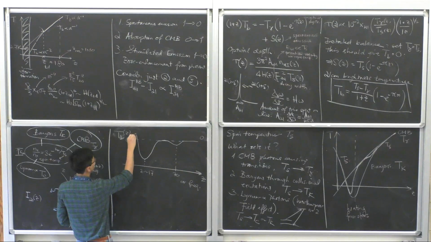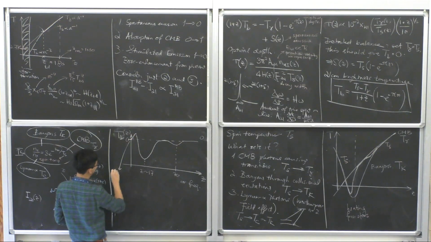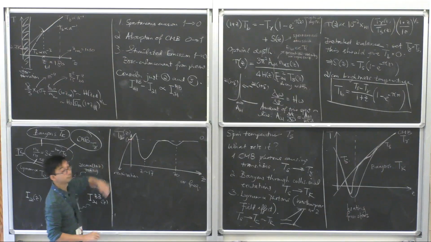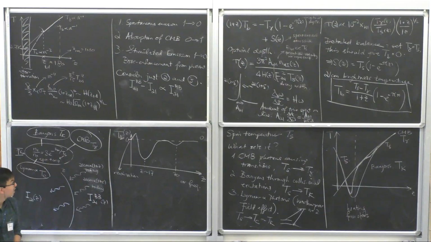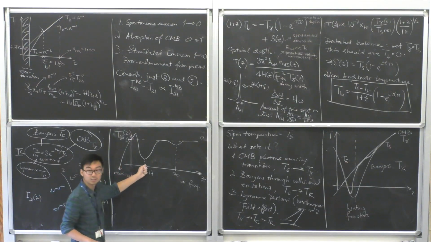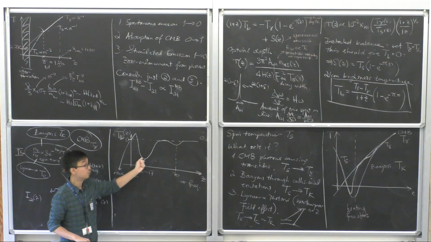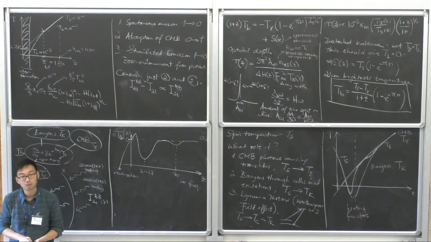And then eventually it goes to 0, and it goes to 0 because of reionization. So when reionization is complete, you have no more neutral hydrogen atoms, and so everything just shuts off to 0. Okay? So like I said, the right way to think about this is that this is some kind of spectral distortion to the CMB, and you want to look for this. Okay?